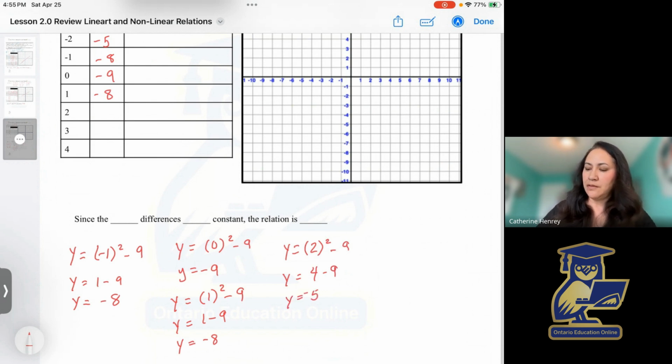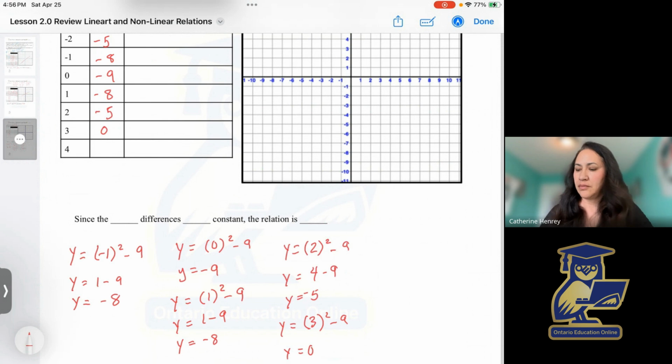Sorry, -5. Then we have y equals, let's substitute 3 squared minus 9. 3 squared is 9 minus 9. y is 0. And finally, we'll have y is equal to 4 squared minus 9. 4 squared is 16 minus 9. y is equal to 7.